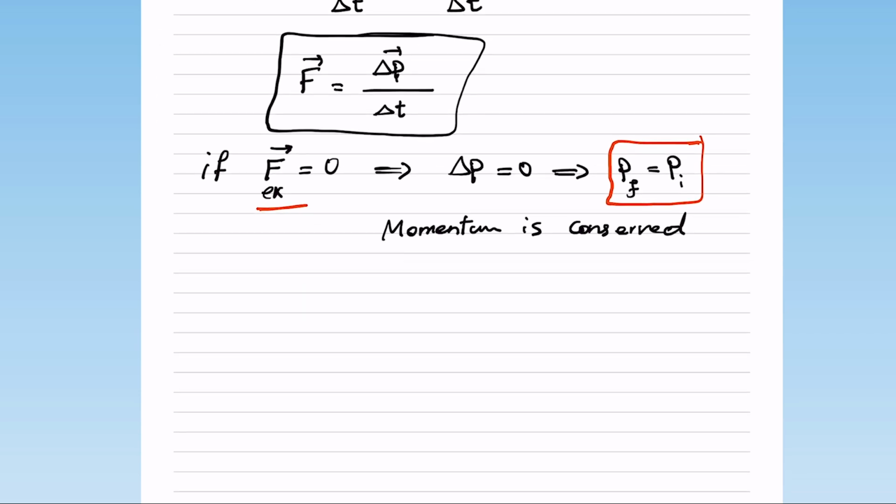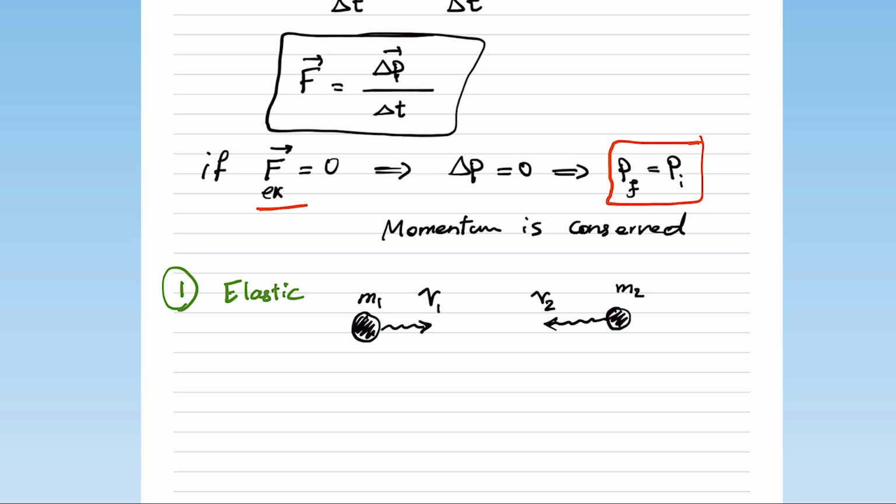Now, let's talk about one of the applications of conservation of momentum, and that is whenever we have two objects colliding. We have two different types of collisions. The first type of collision is called elastic collisions. For elastic collisions, you have two objects, M1 moving with some sort of velocity, let's call it V1, and let's say that you have M2, object 2 with mass M2 moving with some sort of initial velocity V2.